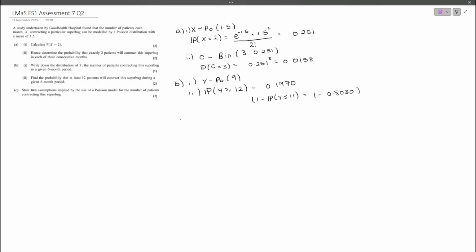Last but not least, we're asked to state 2 assumptions implied by the use of a Poisson model for the number of patients contracting this superbug. So we can say that the bug attacks patients independently of other patients. It attacks patients singly.